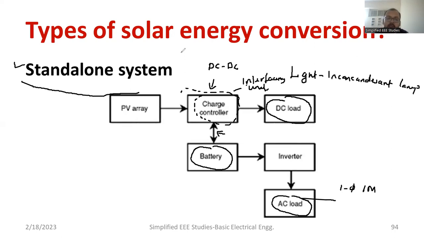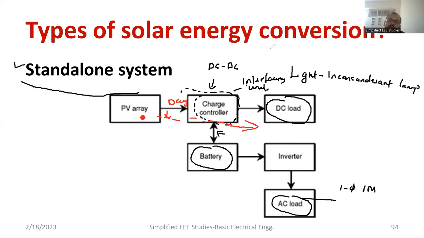Let me mark in another ink so that you will understand. During the daytime, the power flow will be from the source to the load, directly from the PV array to the load.